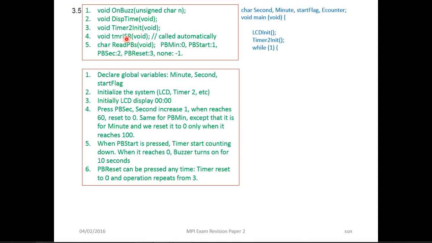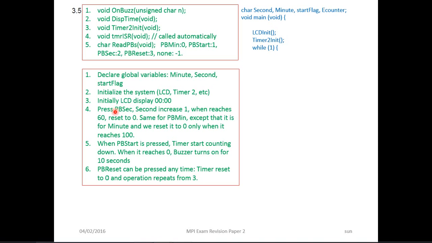Remember that the timer ISR is the interrupt service routine which will run once every 20 milliseconds. So effectively, the time display will be updated every 20 milliseconds. It seems like we need to use if for step 4 to step 6.